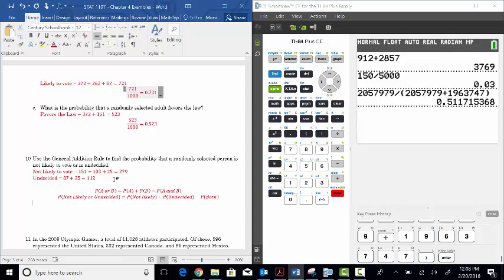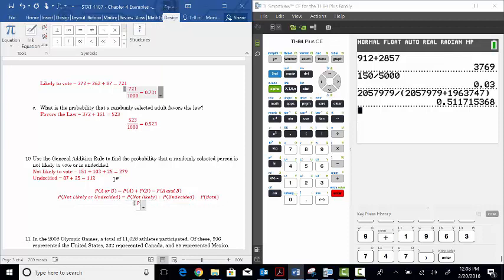If I calculate this out, the probability of not likely is 279 out of the 1,000, plus the probability of undecided is 112 out of the 1,000, minus the probability of both.